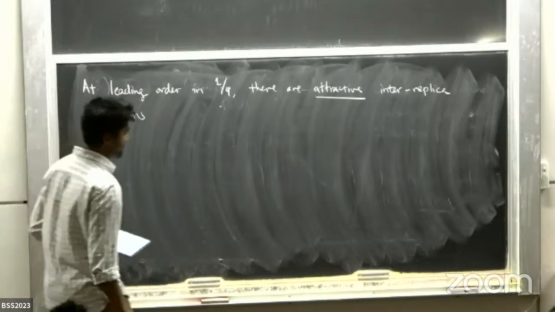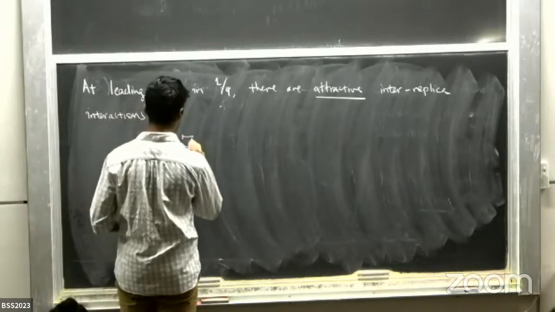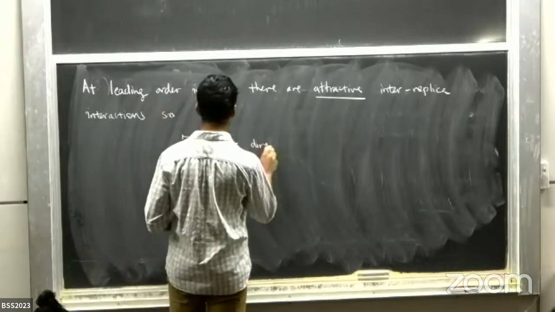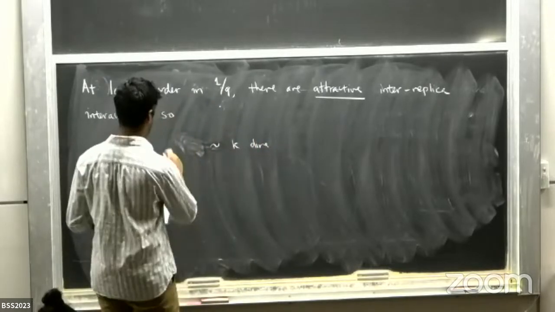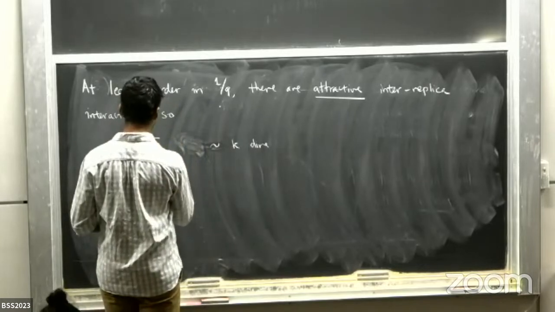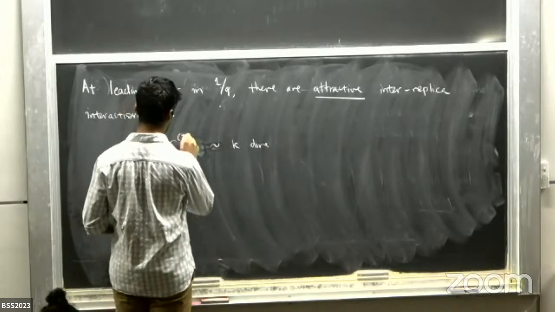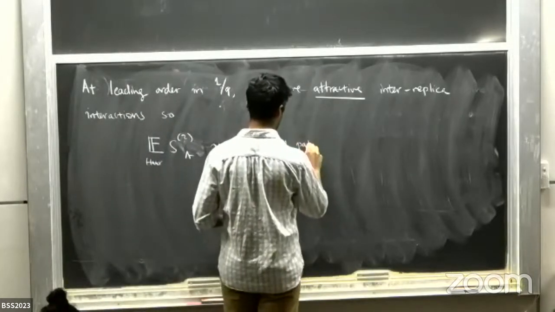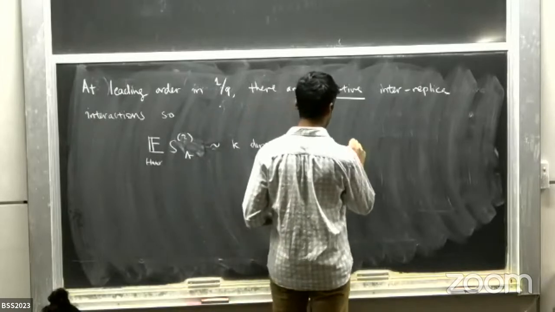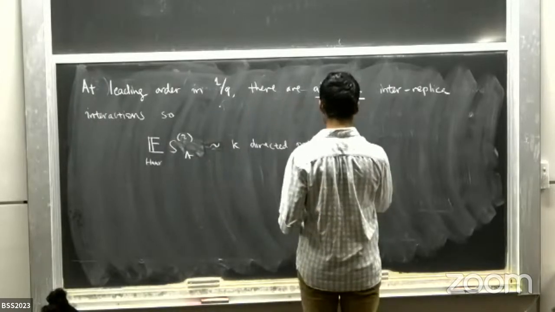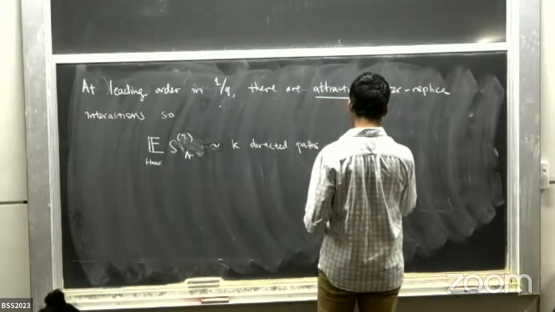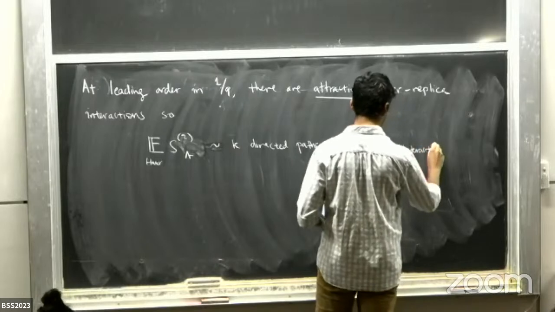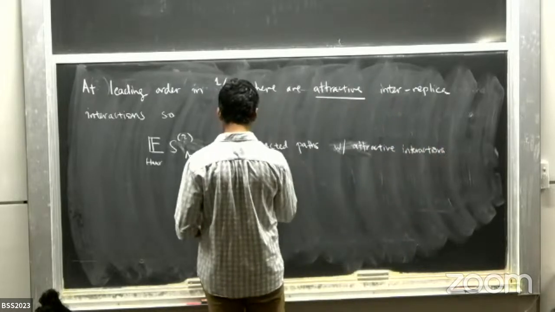So as a result, Z of K, or rather the expectation value over the Haar measure of S2 of A, is really describing K directed paths with attractive interactions in the replica limit.